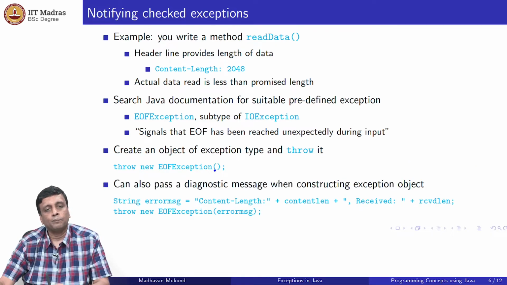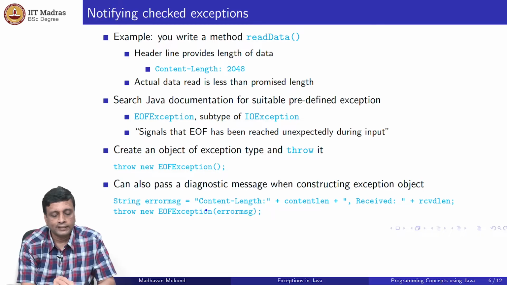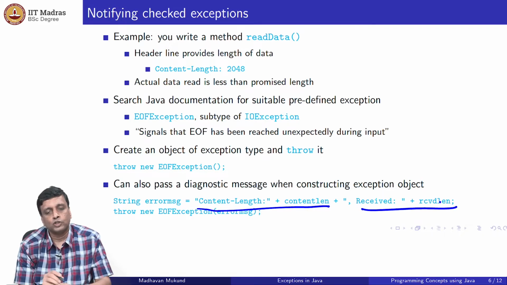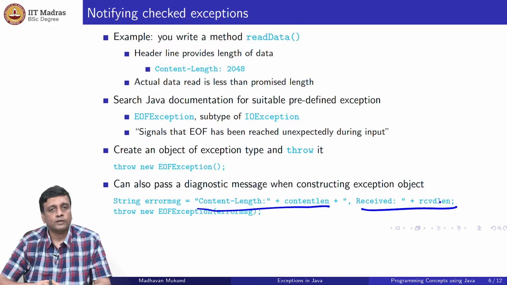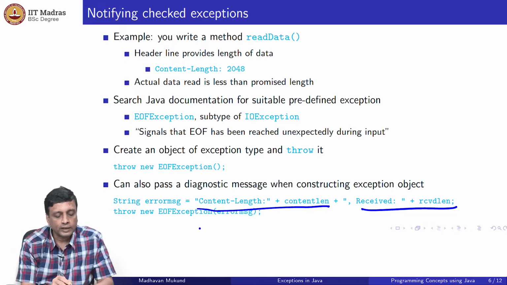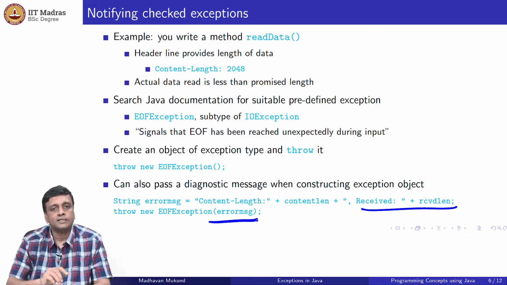You can also provide this exception object with a message, right? So you might want to declare why you are creating this EOF exception. So you might create a message which says the content length was so much and I received only so much, right? So you can construct a string which signifies the details of the error that you actually want to report, and then you can create this new exception object by passing this error message as a parameter.